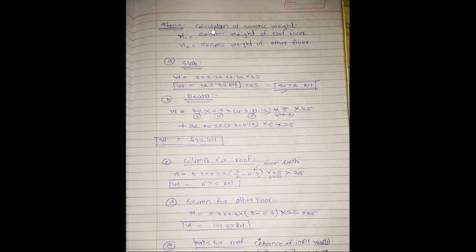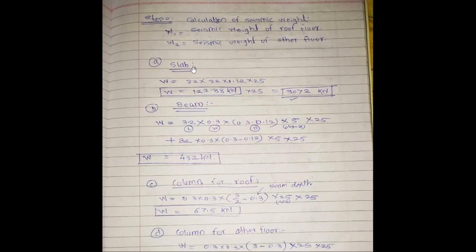In seismic weight, we have categorized W1 and W2. W1 is for the roof floor and W2 will be for other floors. We are considering one load for the other floors. So first of all, we will calculate the slab.